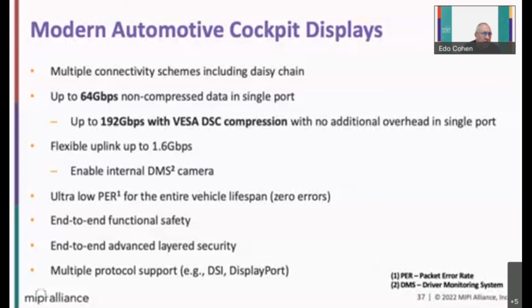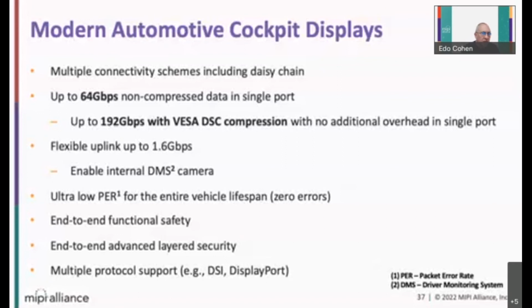link. It has a flexible uplink up to 1.6 gigabit per second, and it can enable, other than just command and control and many other capabilities, also the internal DMS camera, which is the driver monitoring system.